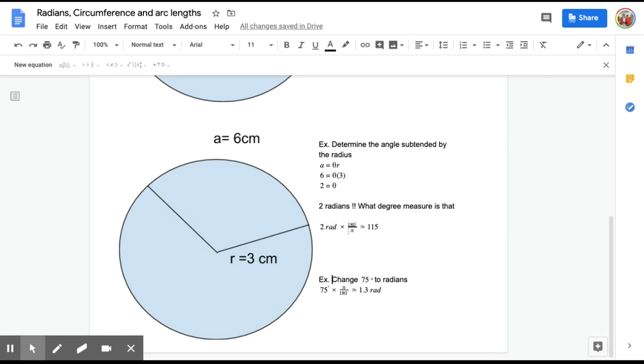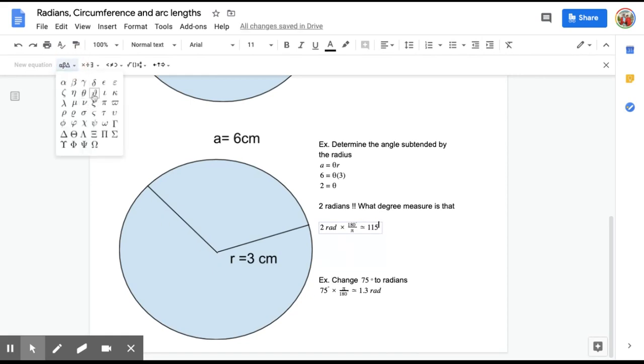So by dividing those, we end up canceling out our radian unit, and timesing by the degrees would give us an answer here that's in degrees. So if I correctly put the symbol there, we would find out that if we took 2 times 180 and divided by pi, we would get 115, and the units would be in degrees.